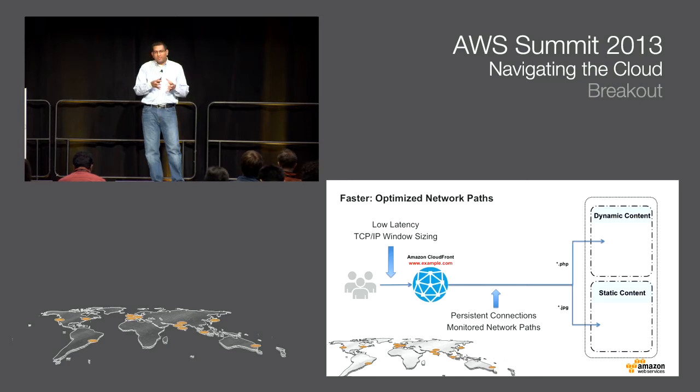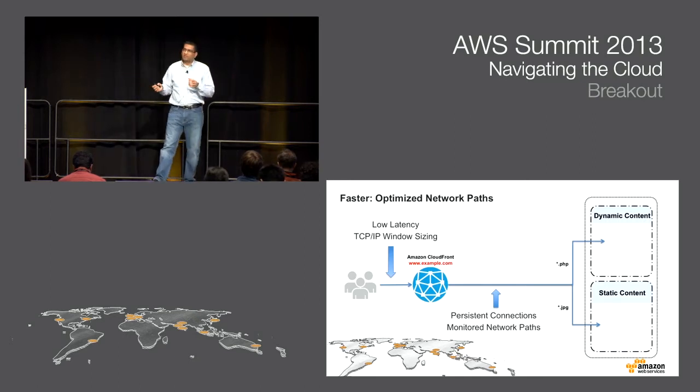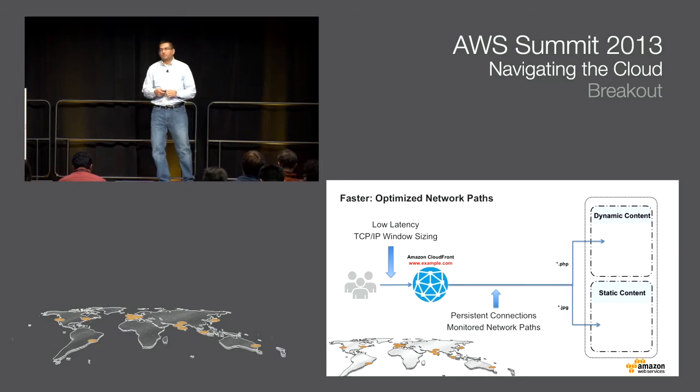When you combine that with the optimizations between the CloudFront edge location and the origin server, where we utilize persistent connections and closely monitor the network paths, the end result can be better performance in downloading your dynamic content for your end users than if they were going directly to the origin servers, like you saw in that very first picture, where they were using www.example.com to go to the origin server directly.